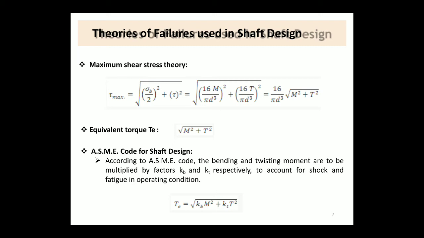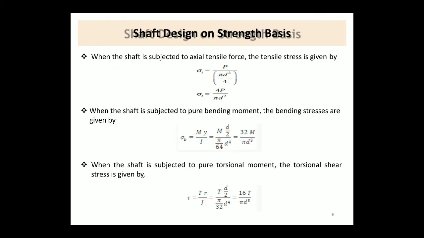As we have seen in the previous slide, the value of bending stress is 32M divided by pi d cube, and the value of shear stress is 16T by pi d cube.